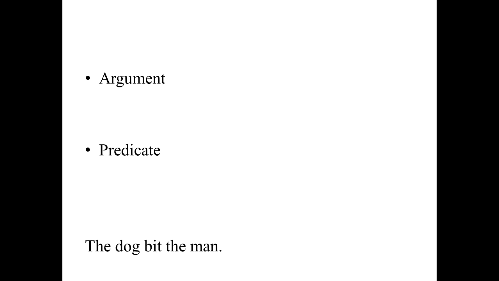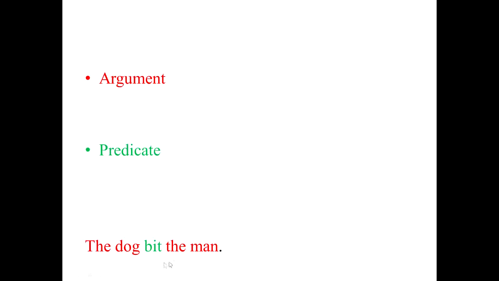Now, both the dog and the man are arguments in this sentence. So we can say that arguments are the things that are involved in the event that is expressed by the sentence. On the other hand, predicate is something that is said about those things. In this example, the predicate is bit, which is a verb.